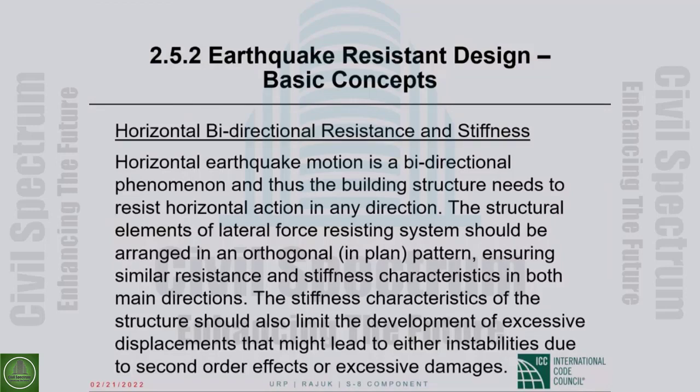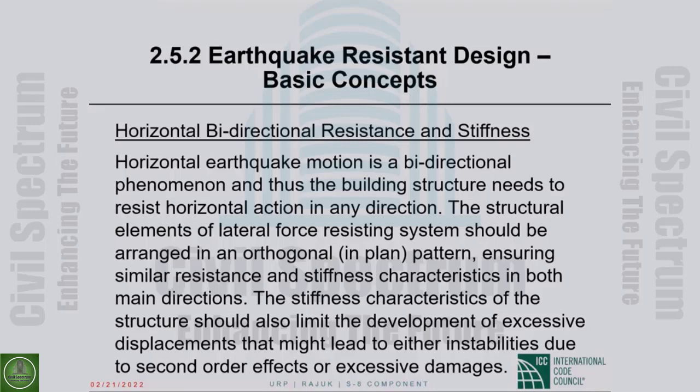I actually discussed that with you under orthogonal load effects. Remember, I don't remember whether it was the last time or the time before, but orthogonal load effects take care of exactly what BNBC is talking about here. The provisions are not in BNBC, but I give them to you.